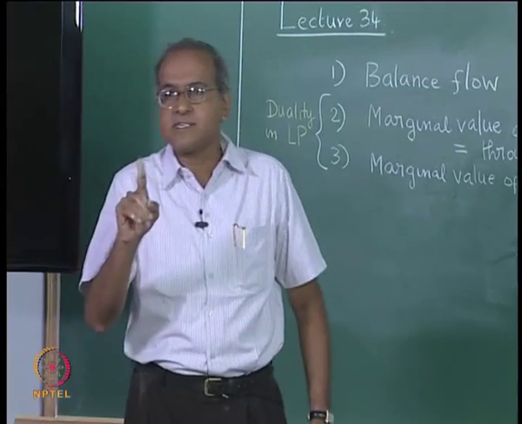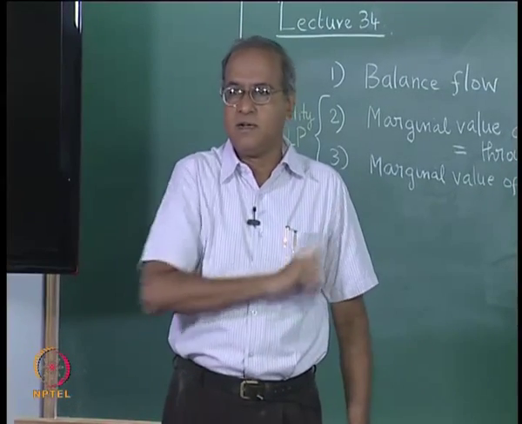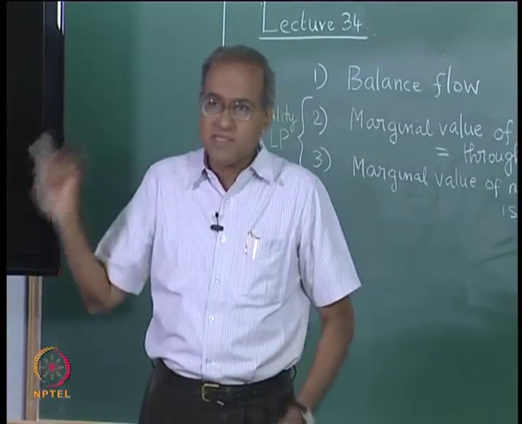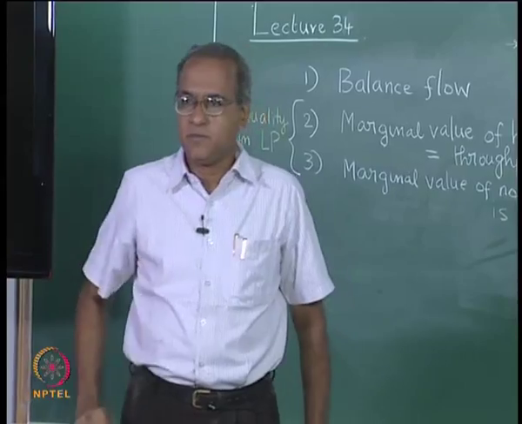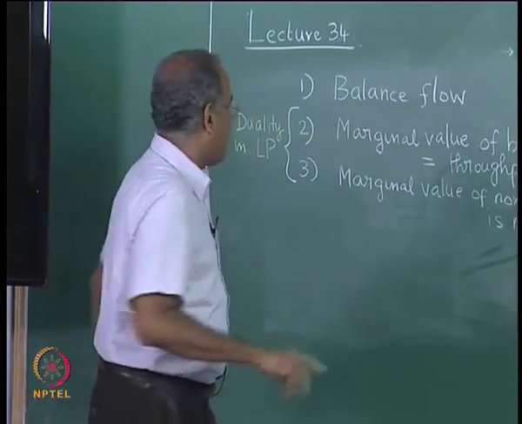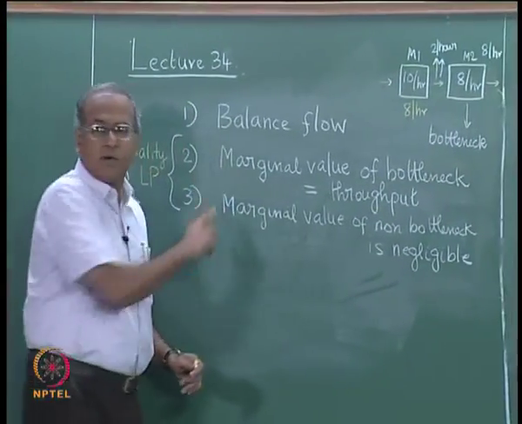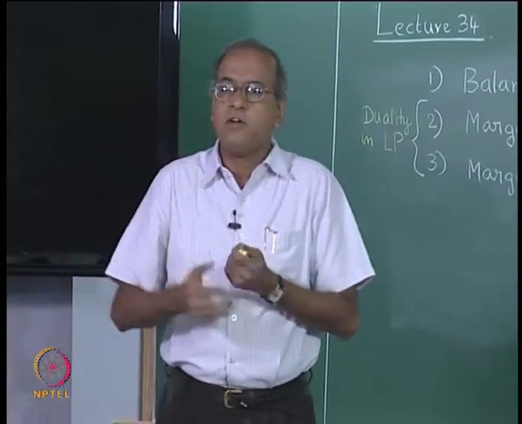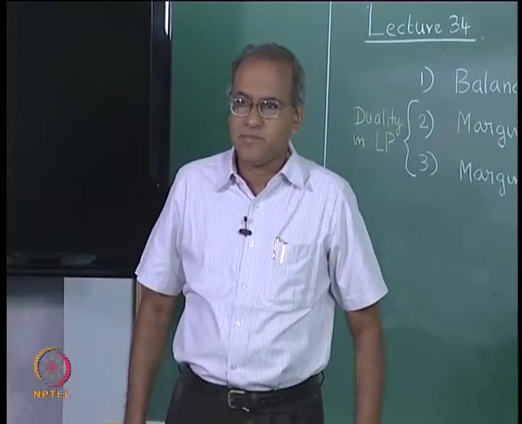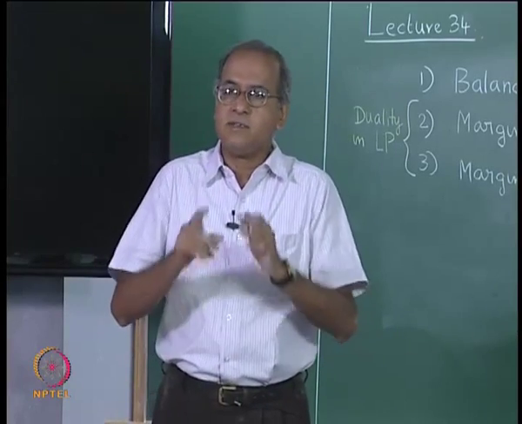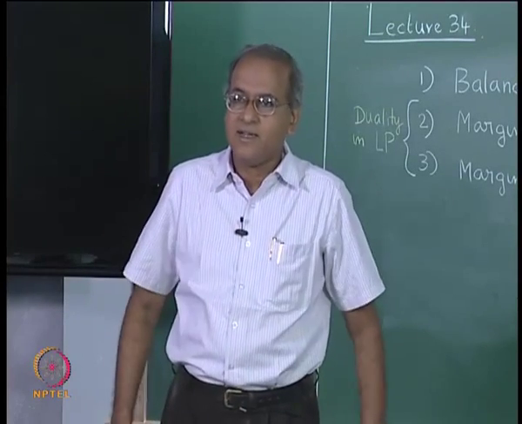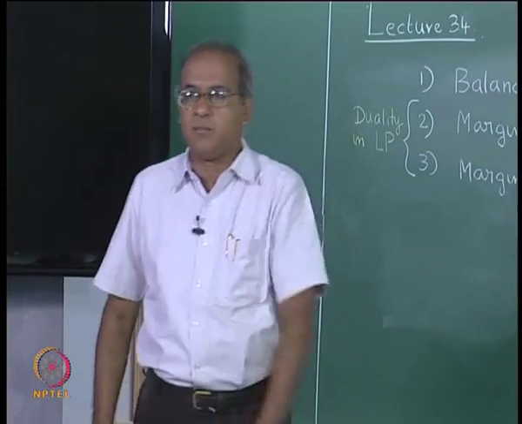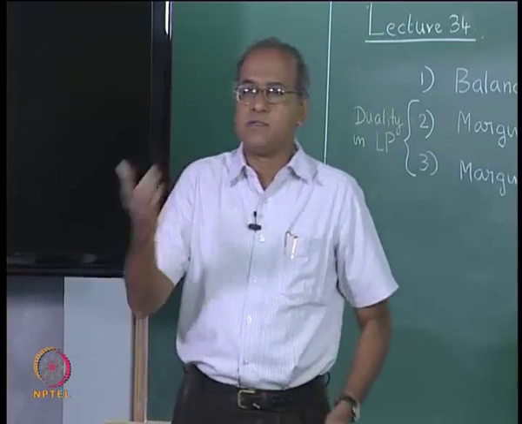When the primal constraint is satisfied as an equation, then the dual decision variable will be a basic variable having a value. That is the case for case number 2, where we look at bottlenecks. So, the dual variable is positive, showing a marginal value. Now, when the primal is satisfied as an inequality, then the corresponding dual variable is not a basic variable and will take value equal to 0.